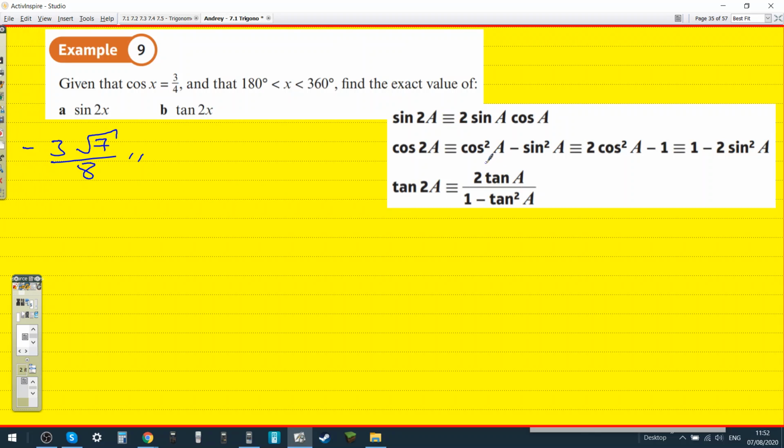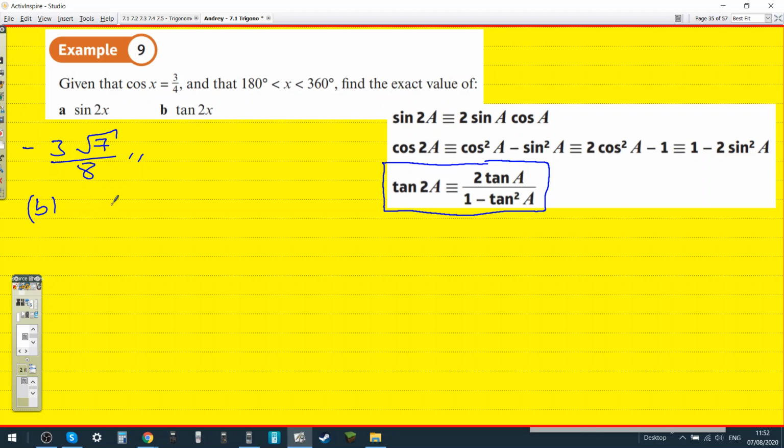We have our formula for tan 2a. Will that just be 2 times tan... So minus 3 root 7 over 8, that's equal to sine 2x.